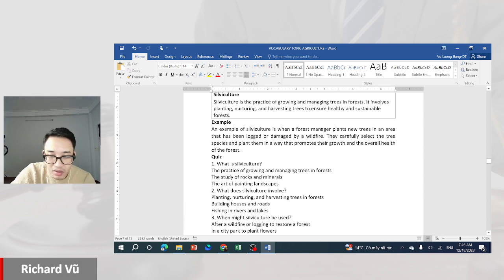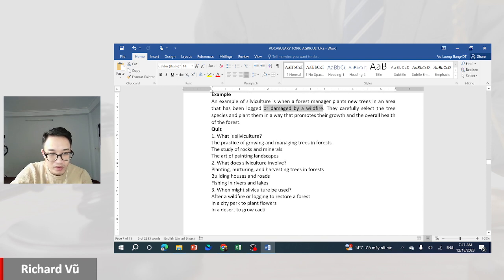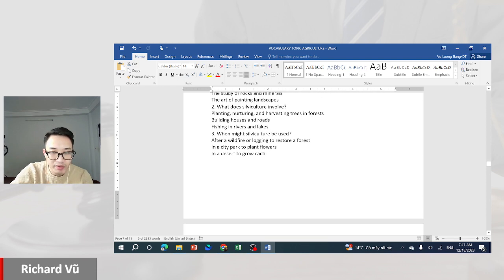We refer to this sentence here. An example of silviculture is when forest managers plant new trees in an area that has been logged or damaged by wildfire. Silviculture may be used after a wildfire or logging to restore a forest.